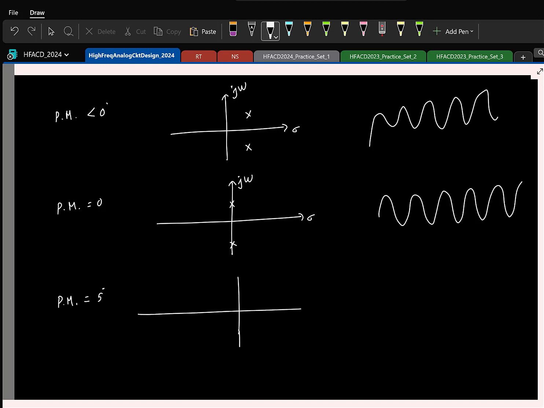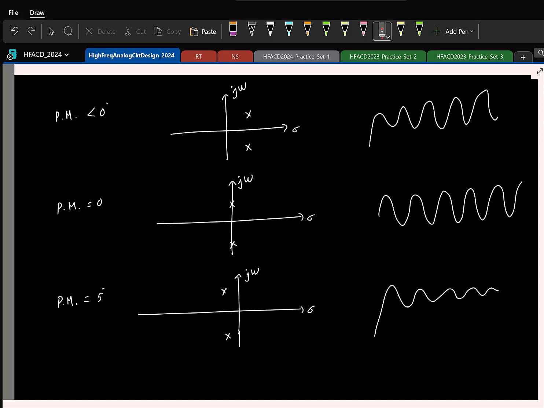Then where do you think the closed loop poles might lie? Left half of the S plane, but can you narrow it down? Near the j omega axis, somewhere like this. So here, how will the step response look? It will ring, but the envelope of that ringing will decay exponentially, and that might decay slowly, right?